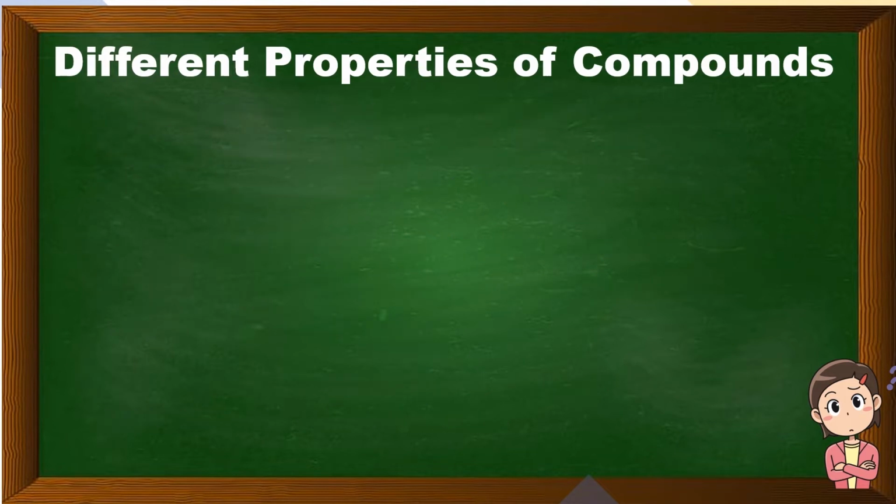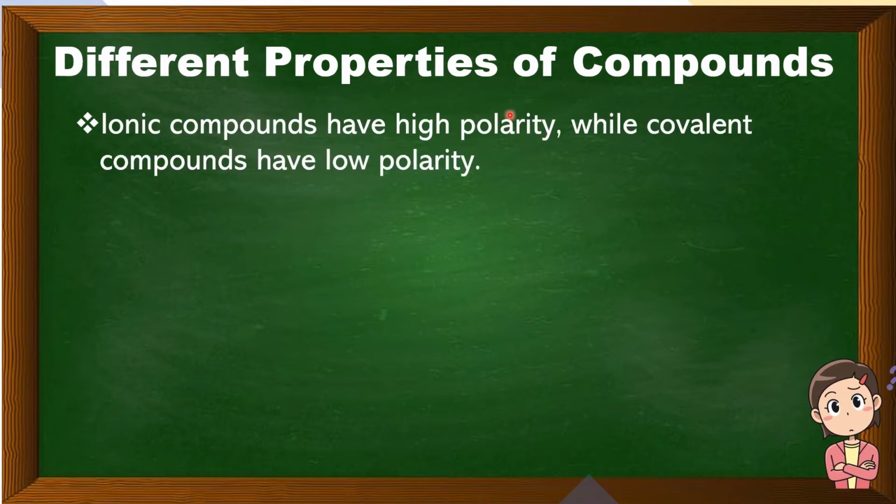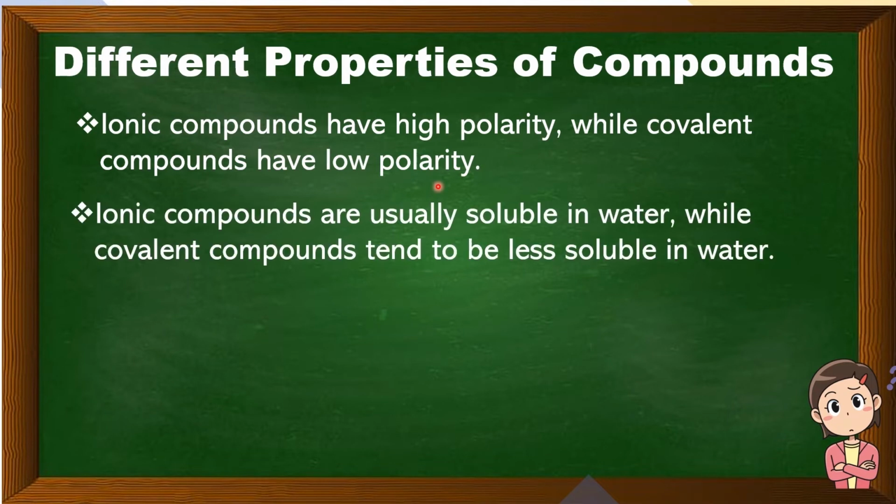Let's have additional properties of compounds. Ionic compounds have high polarity, while covalent compounds have low polarity. Ionic compounds are usually soluble in water, while covalent compounds tend to be less soluble in water.